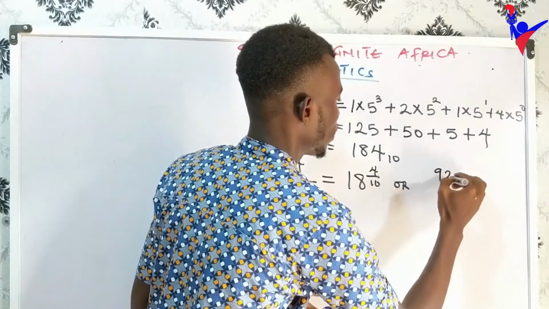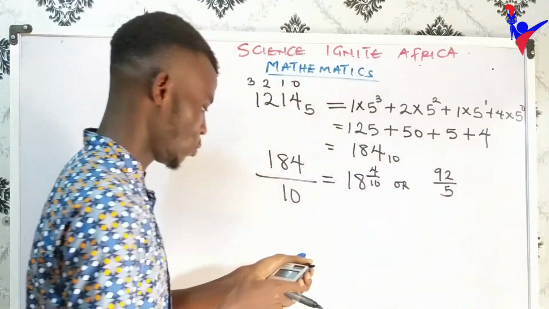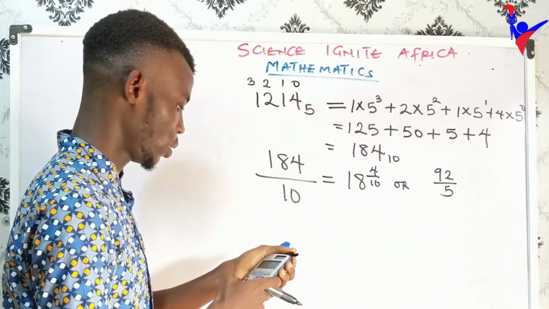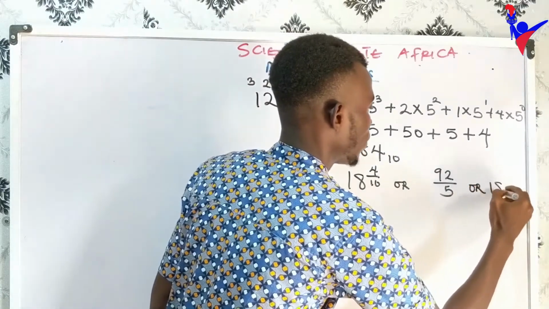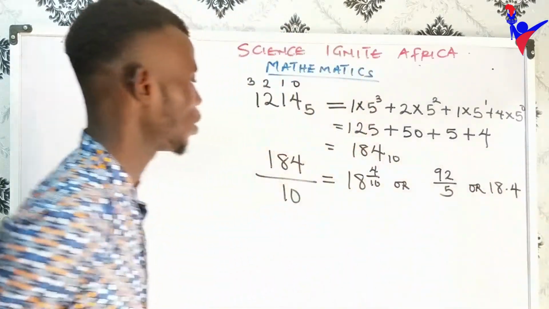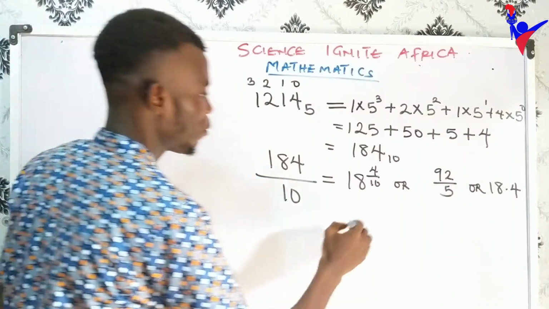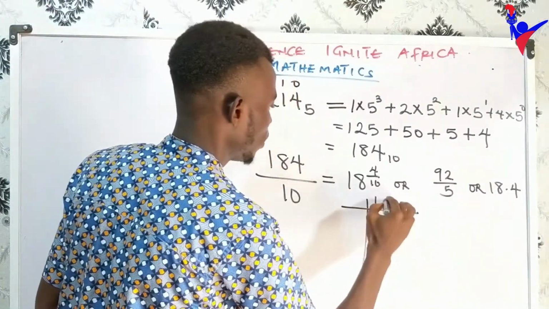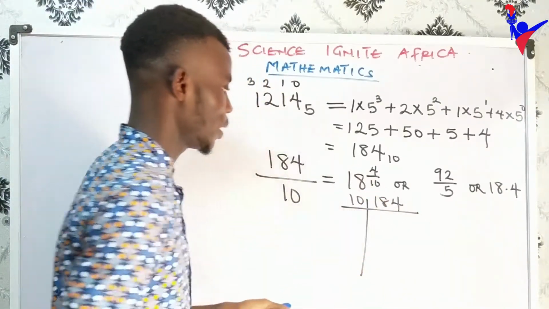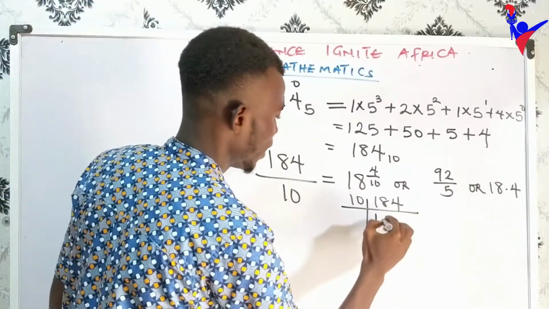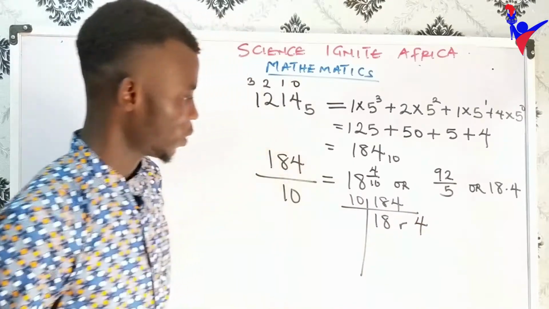Let me illustrate with 184 divided by 10 first. It gives us 18 whole number and 4 over 10. In fraction that is 92 over 5, and in decimal points that is 18.4. But in a normal base 10 format, 10 in 184 is 18 remainder 4. Are you with me?